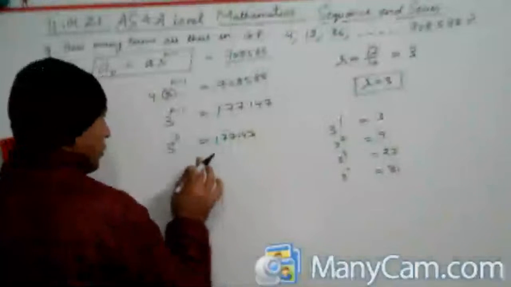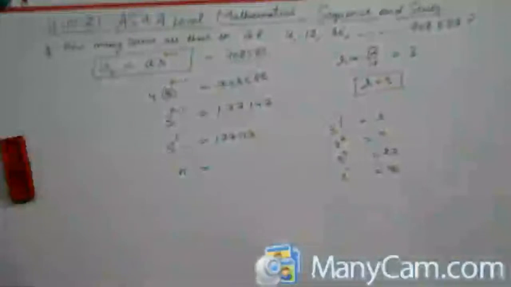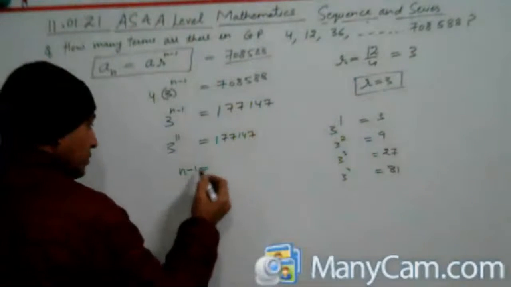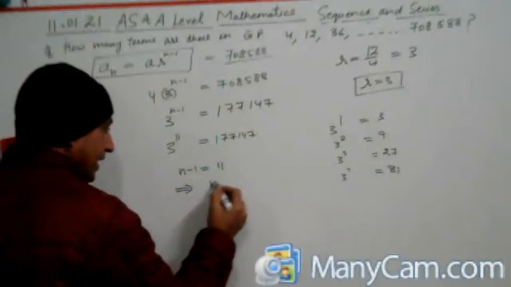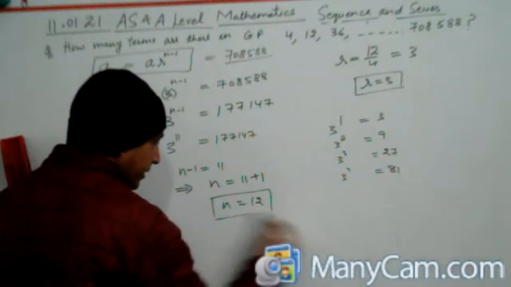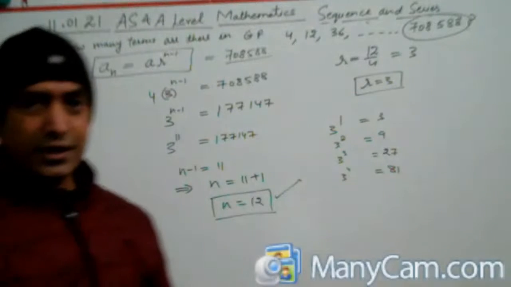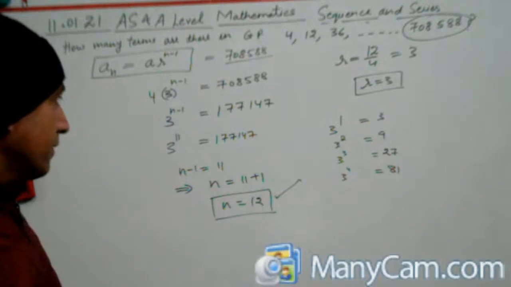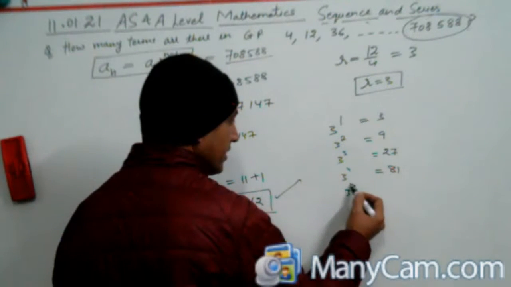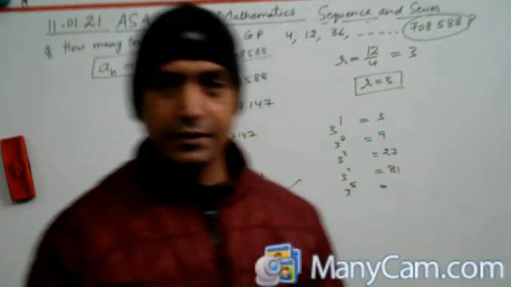So n minus 1 is equal to 11, which implies that n is equal to 11 plus 1. The value of n is equal to 12, right? So this is the 12th term of the geometric progression. In this way also we can go on multiplying 3 raised to power 4, 3 raised to power 5, 3 raised to power 6, right?